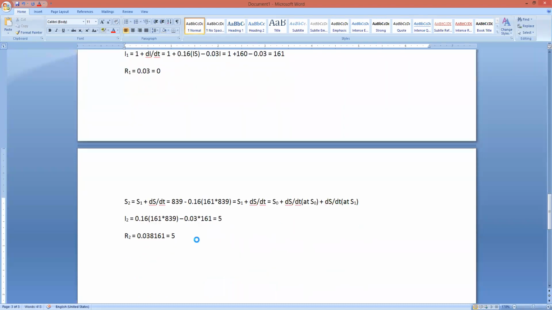So at any point of time, you can write ST is equal to ST minus 1 plus ds dt.